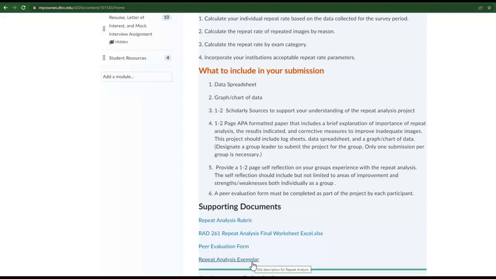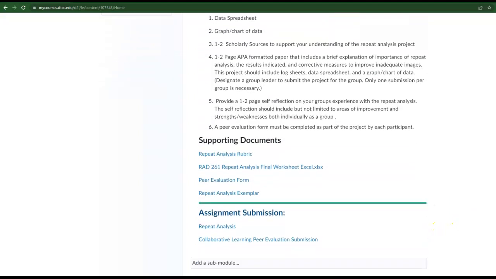The last thing that is going to be required of you is to complete a peer evaluation form for each individual in your group. That form is found down here under supporting documents. Underneath that, you will find the assignment submission.